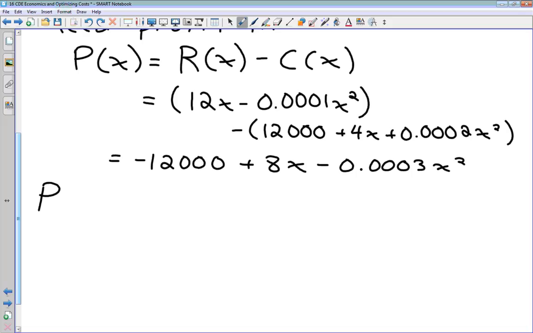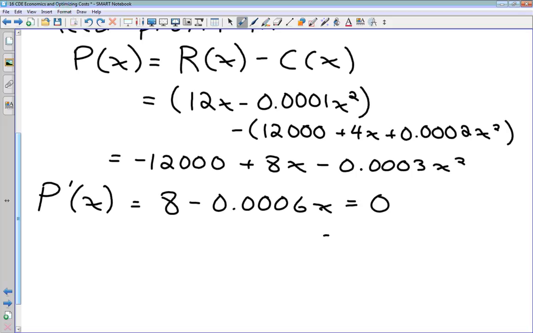So my marginal profit, or P primed at x, is going to be 8 minus 0.0006 x. Okay. Set this equal to 0, solve for x.